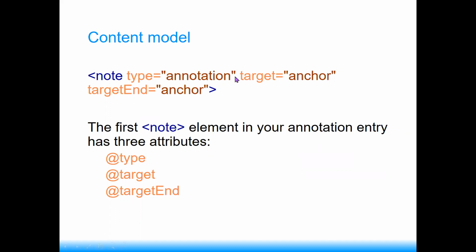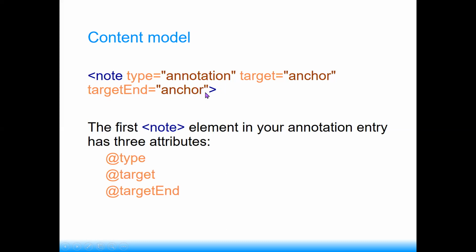And then we have a target attribute and a target end attribute. This is the double point endpoint attachment method described by the TEI. So our target attribute has as its value the anchor that's before the string that we want to annotate, and the target end attribute has as its value the anchor that comes after the string that we want to annotate.